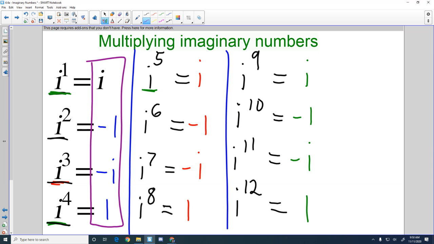So knowing this, we can simplify these larger exponents pretty easily. So definitely make sure you've got this part on the left somewhere in your notes. You're going to be referring to this a lot, just those first 4 powers of I and those 4 possibilities that it can equal. So let's take a look at simplifying some of these.